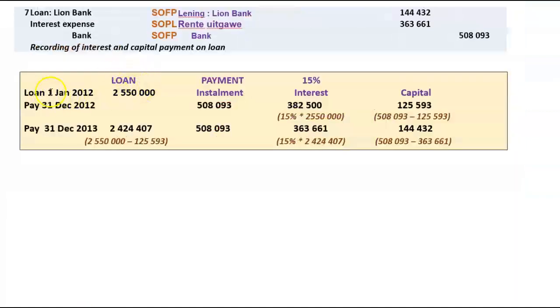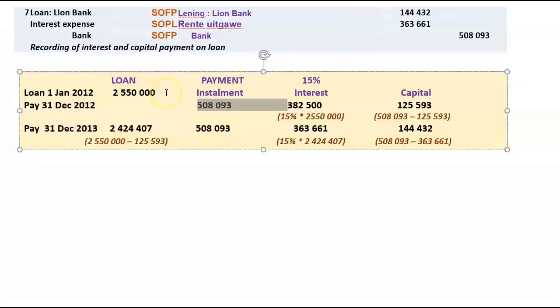The outstanding loan on 1 January 2012 was 2,550,000. On 31 December 2012, we made our first installment of 508,093. From 1 January to 31 December 2012 is a full 12 months. So in the 2012 year, our interest would have been 15% of the outstanding loan amount for 12 months.